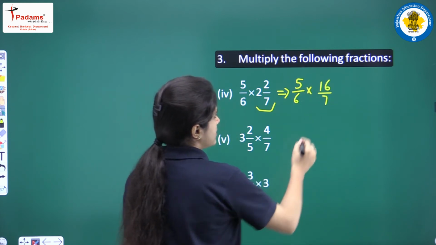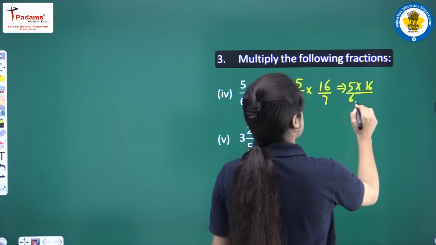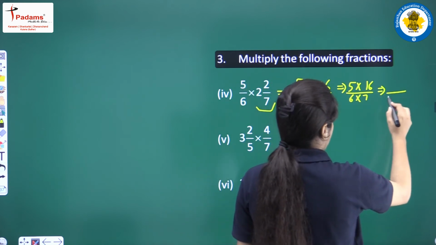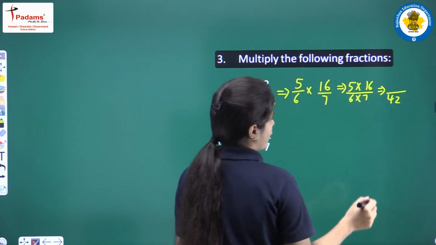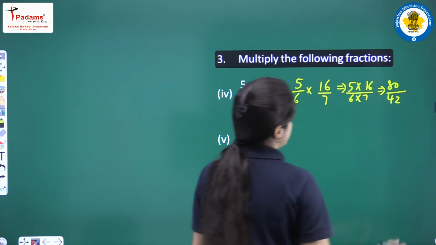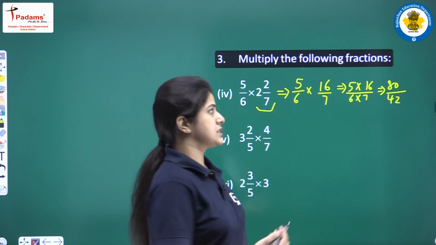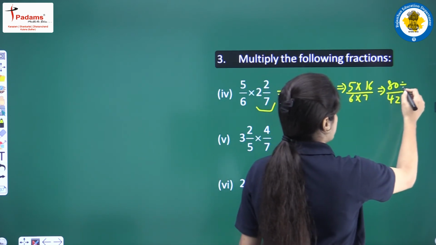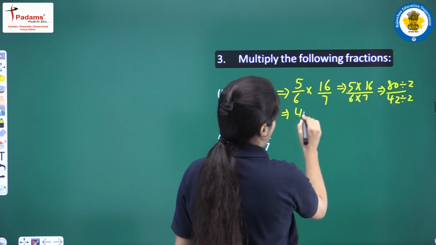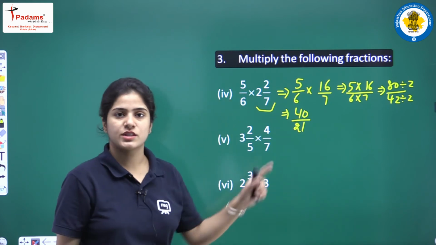So 5 into 16 upon 6 into 7. 6 into 7 is equal to 42, and the numerator will turn out to be 80, since 16 into 5 is equal to 80. Clearly both are even numbers, so we'll divide by the table of 2. So it will turn out to be 40 upon 21. Alright students, this is your answer.